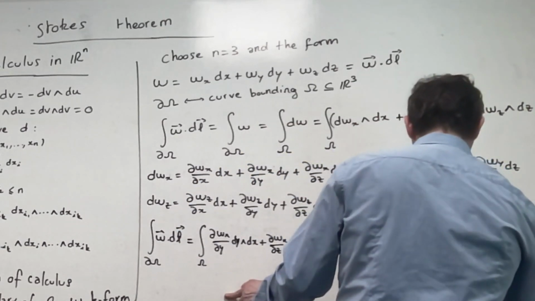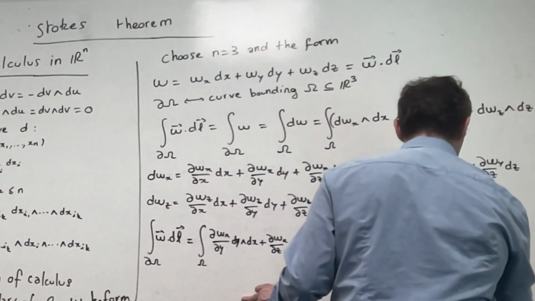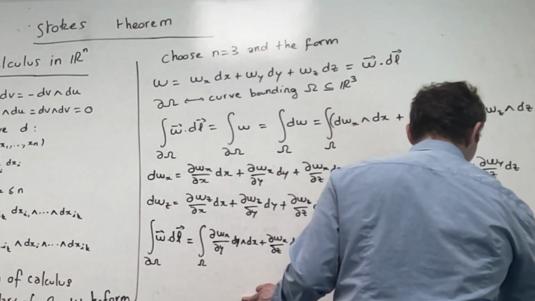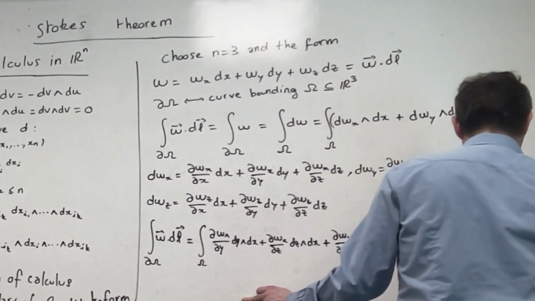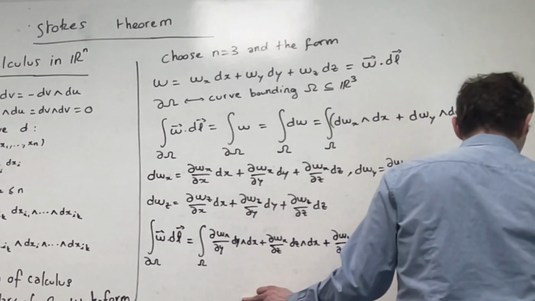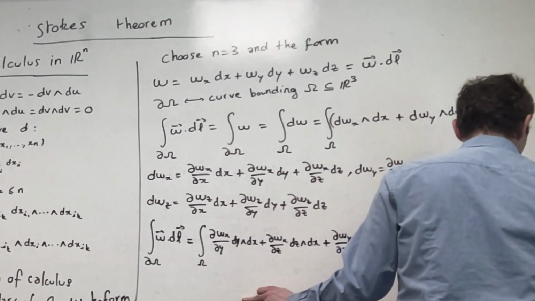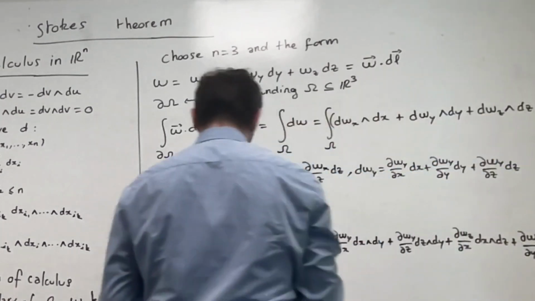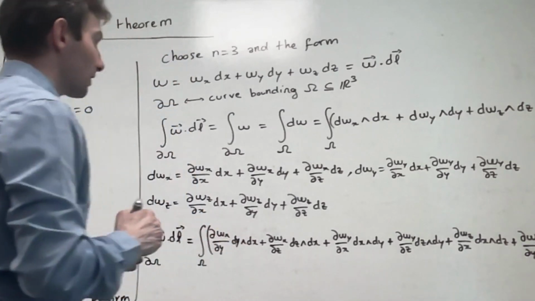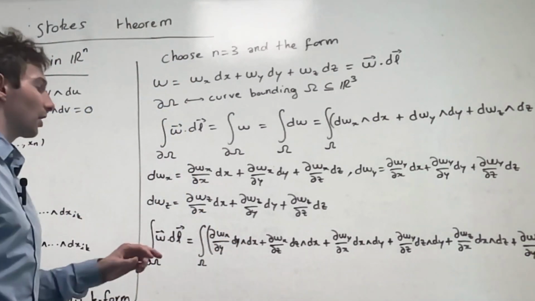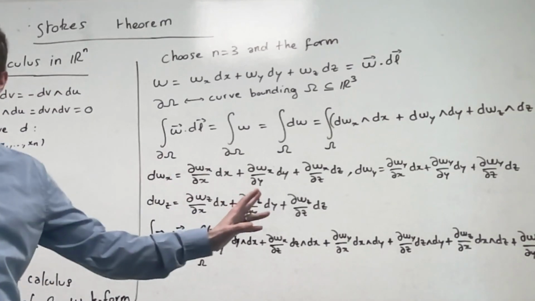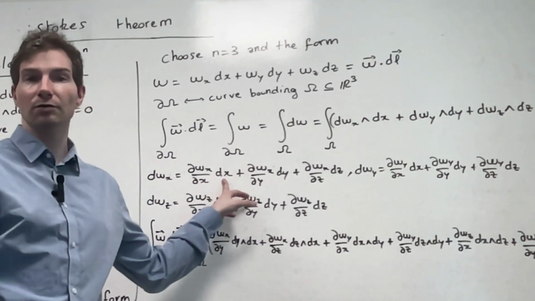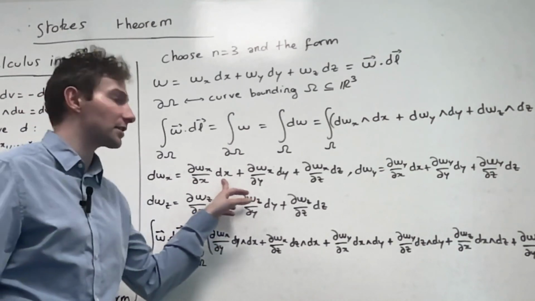Sorry, I'm writing a bit smaller, and then plus ∂ωz/∂x dx wedge dz, and then plus ∂ωz/∂y dy wedge dz. Okay, so that's what I'm getting from simply distributing the product and also accounting for dx wedge dx is 0, dy wedge dy is 0, and dz wedge dz is 0.